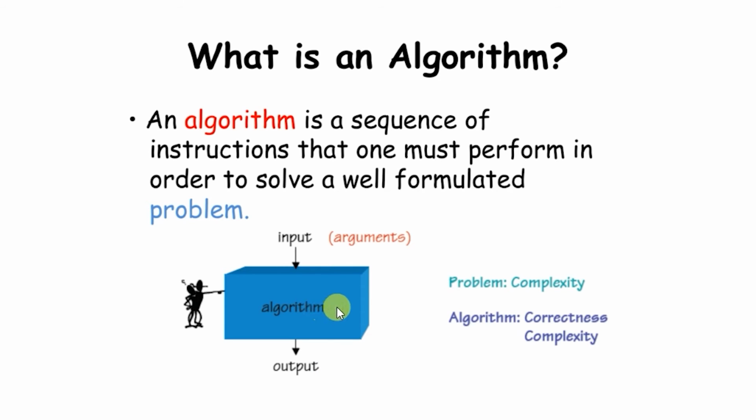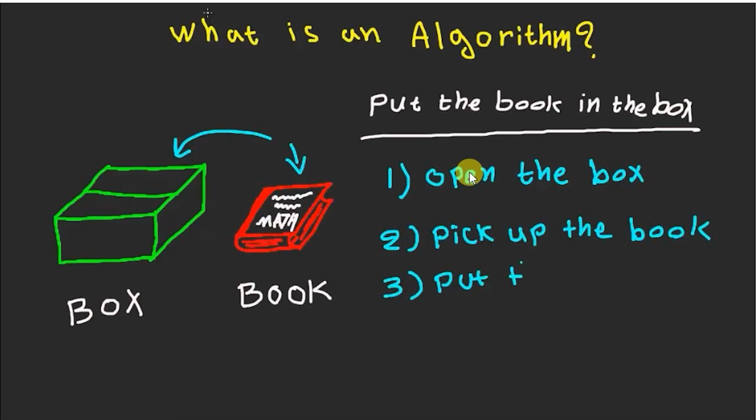This is the task, and the algorithm is the set of steps that we need to perform to accomplish this task. As a definition, you can say an algorithm is a sequence of instructions that one must perform in order to solve a well-formulated problem. That's all. This is simple.